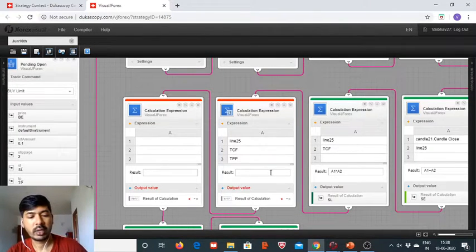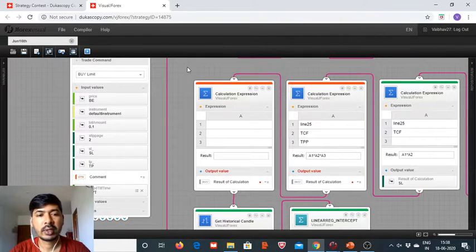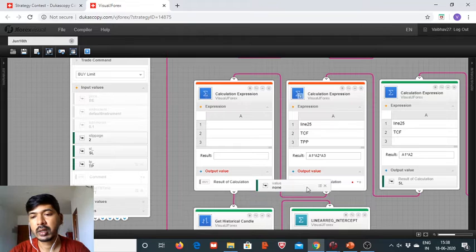So it is going to be A1 into A2 into A3, and this is our TP.